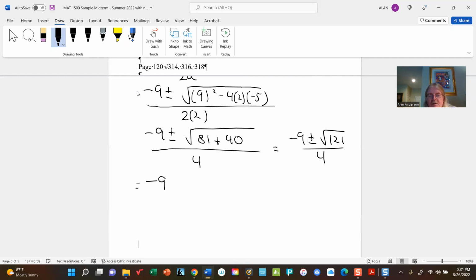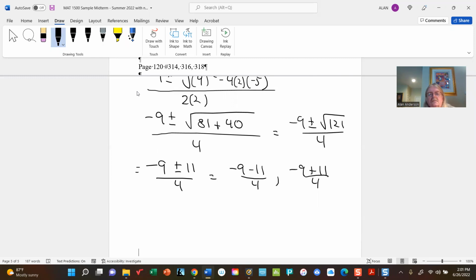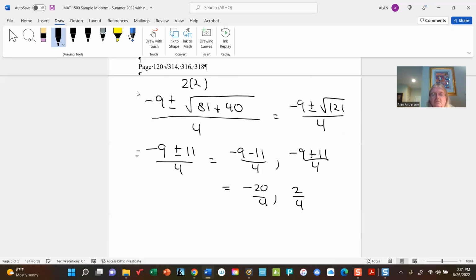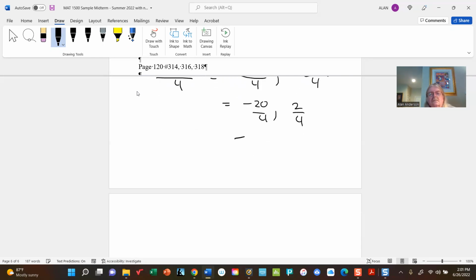May not be that obvious, but it is, because that is the square of 11. Okay, so those are the two solutions.